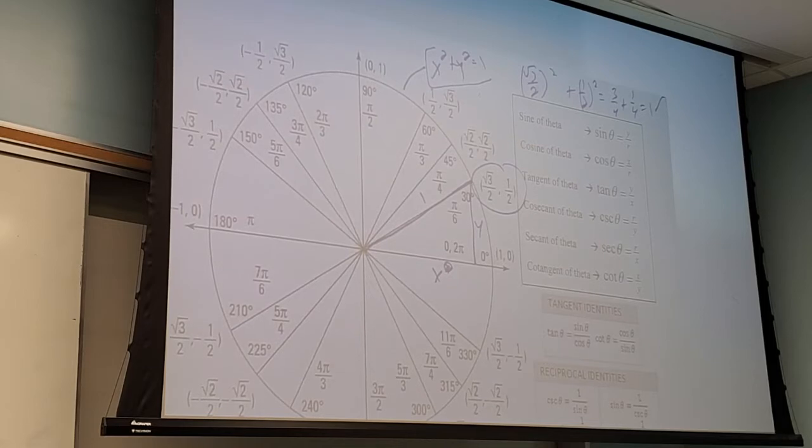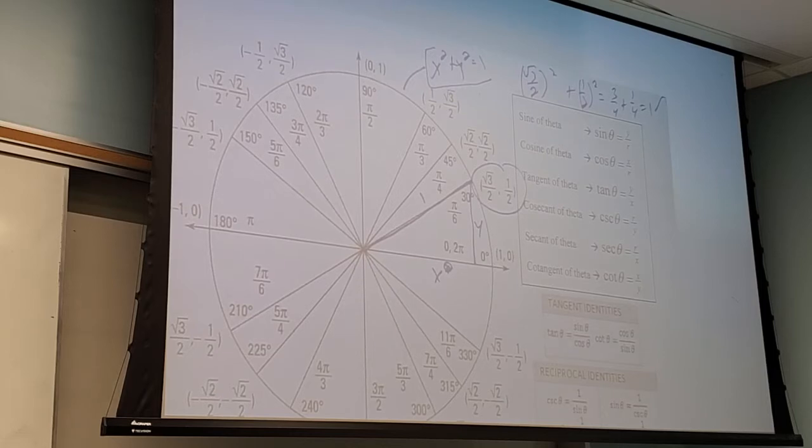Okay. The fact that it's in the second quadrant, what does that mean? What's going to be negative? X, so cosine's going to be negative. Sine is positive, right? Cosine is going to be negative.